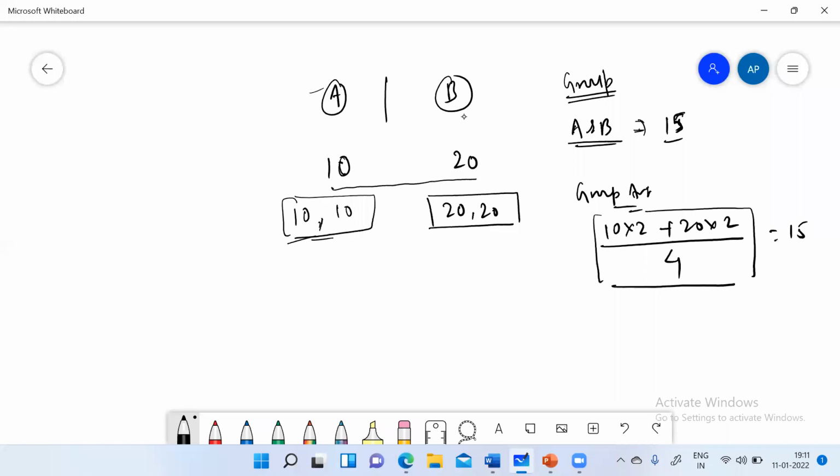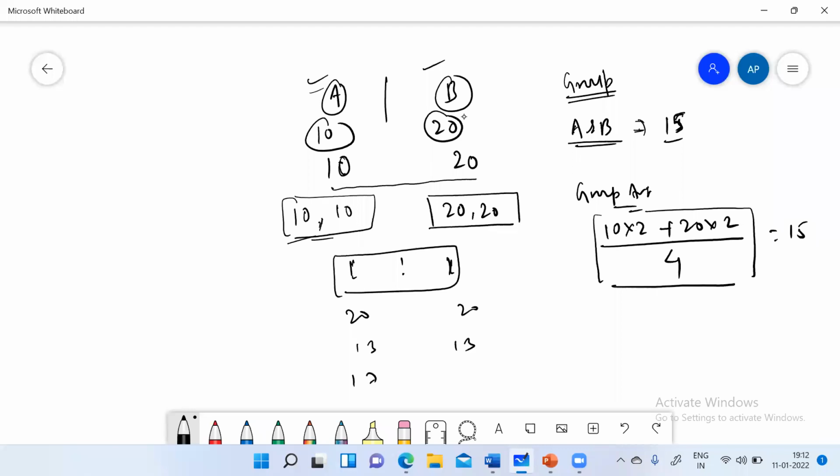Now what we know is that whenever groups A and B have averages of 10 and 20 and their members are in the ratio 1:1, either 20:20, 13:13, or 17:17, it doesn't matter. Every time the group average is the same, and you can reduce it to 10 plus 20 by 2, which is 15.